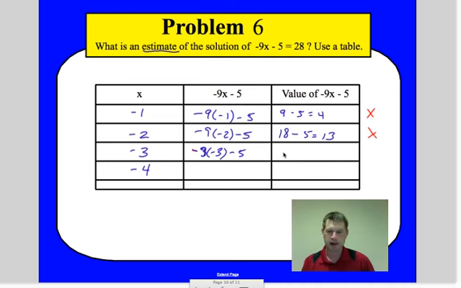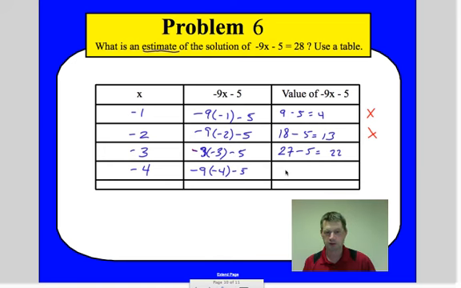We plug that in, and that's going to give us 27 minus 5, okay, 22, still too low.